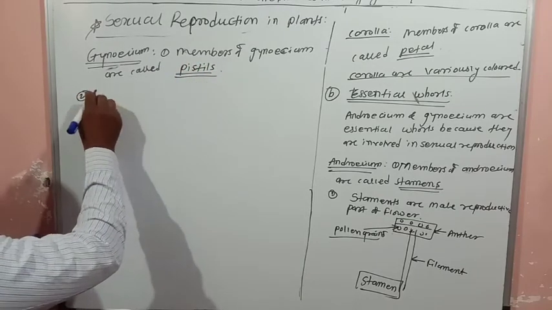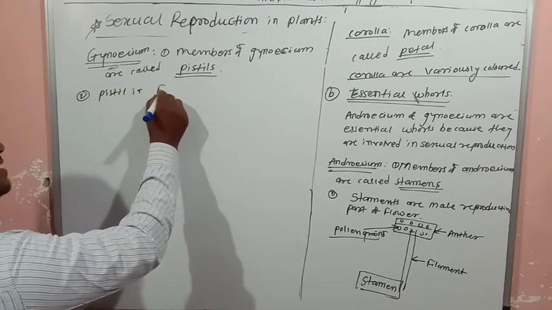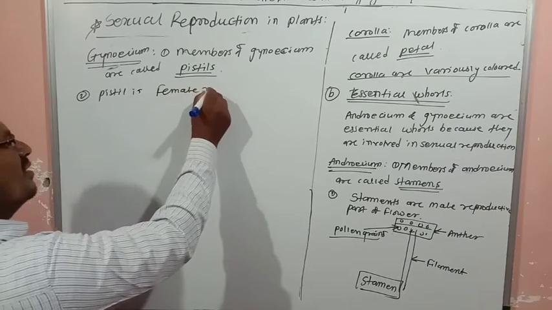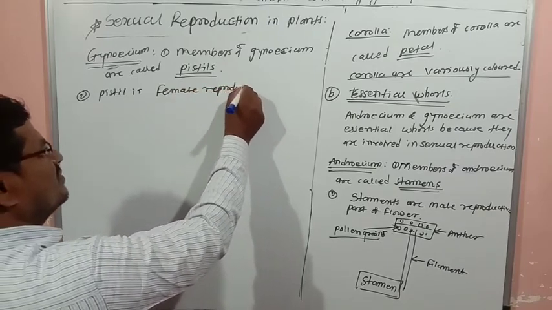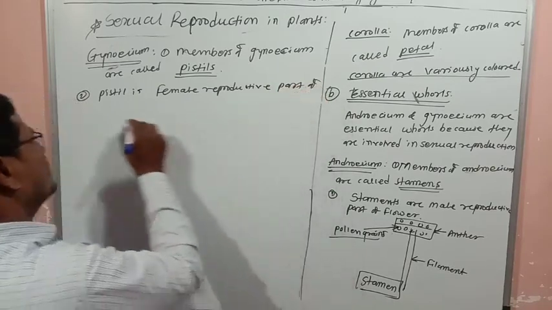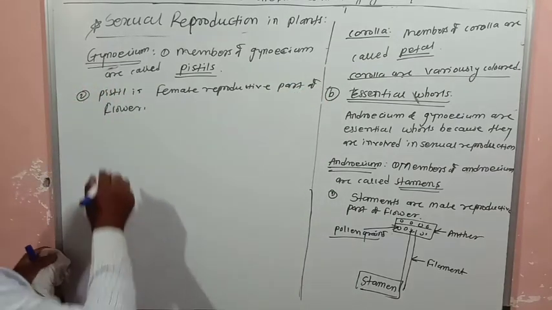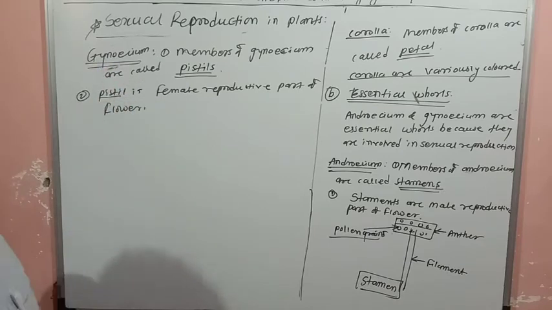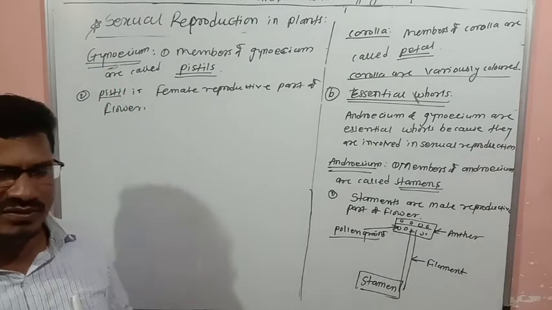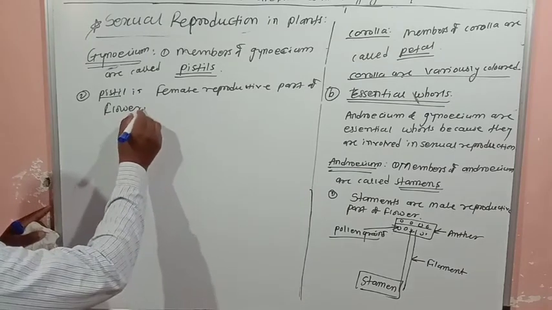Second part: pistil is the female reproductive part of the flower. So pistil, or gynoecium, is the female reproductive part of the flower.